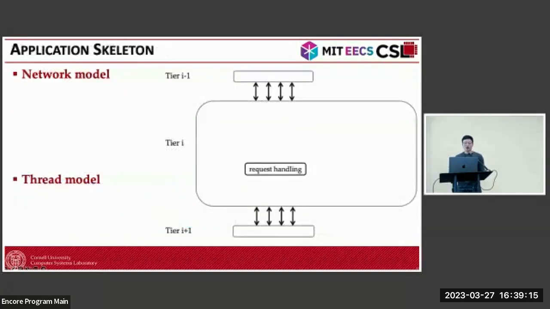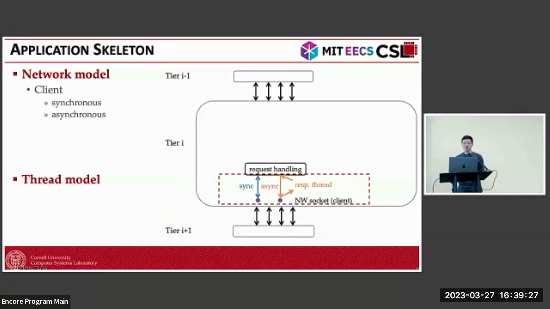Next, we define the application skeleton as the network and thread model of a service. The network model describes how an application communicates with other services. When acting as a client, in synchronous mode, the thread will block on the network I/O to await responses. For the asynchronous mode, responses are typically handled by specific threads via callback functions.